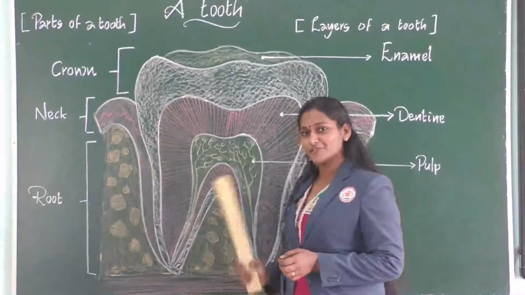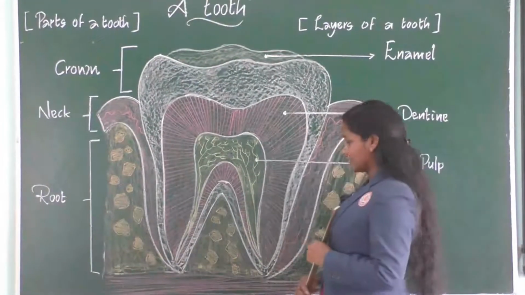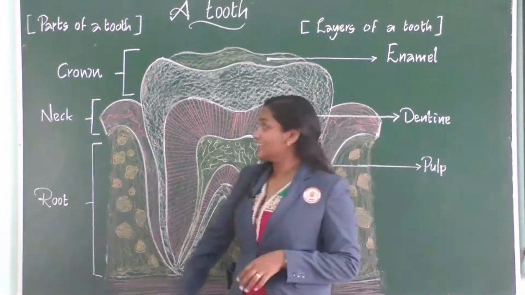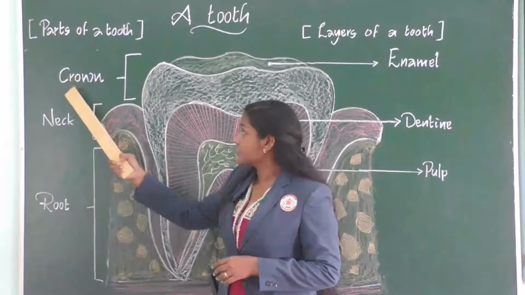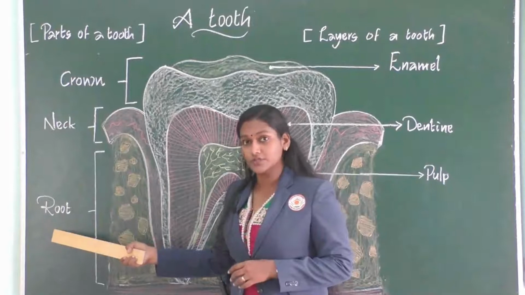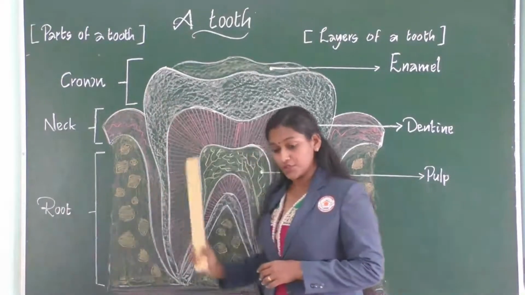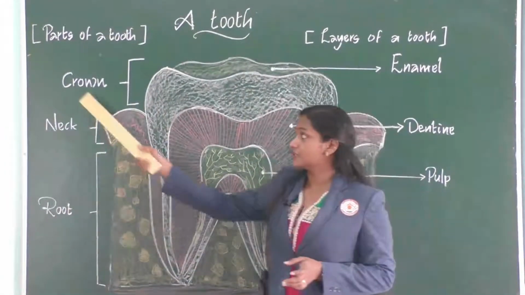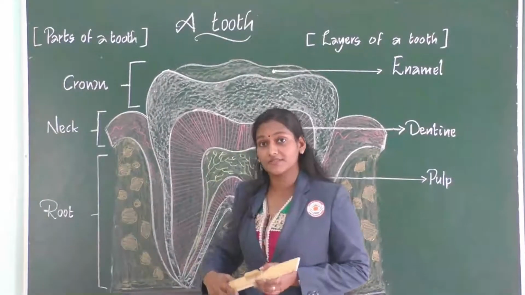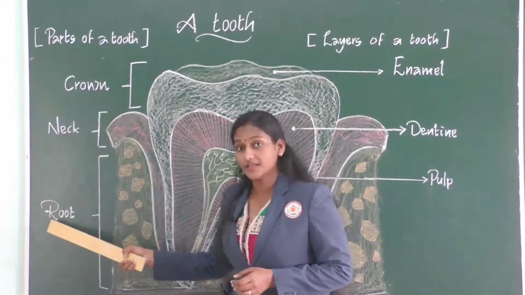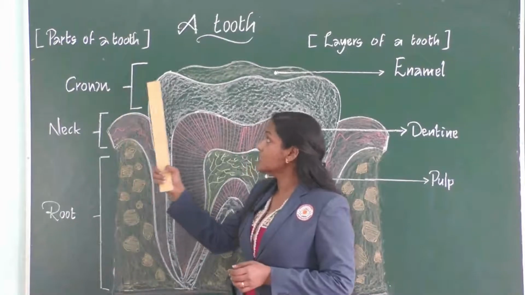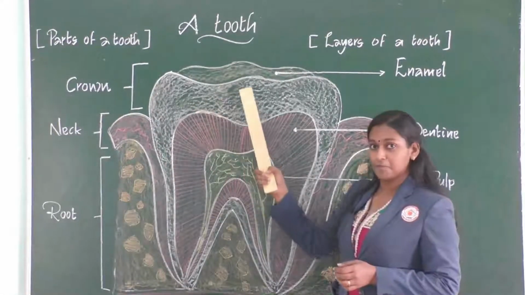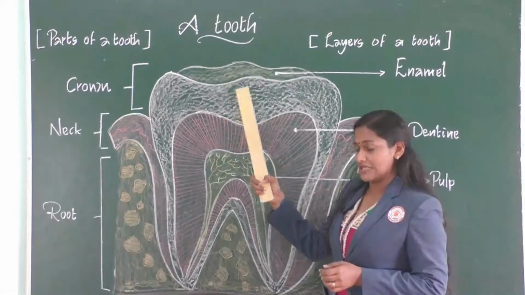So this is the structure of a tooth, right? What are the parts of a tooth? A tooth is made up of 2 parts, the crown and the root, where the crown is the visible part which we can see.